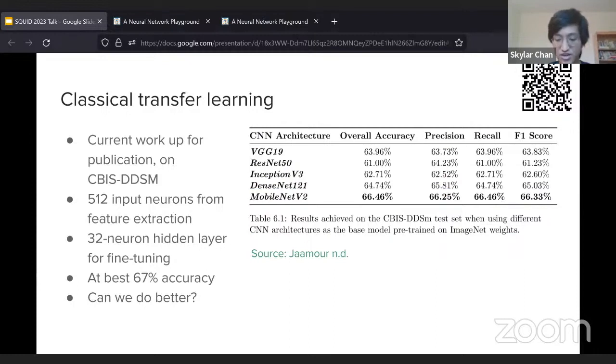So their transfer model size eventually gets squashed down into 512 numbers, and their layer for actually doing the classification is 32 neurons wide. The best result they're able to achieve is 67% accuracy, which is okay, but not the highest accuracy in the world for a medical data set. And so we wanted to know, can we do better on this data set using quantum transfer learning?